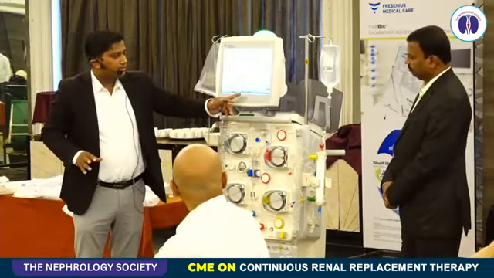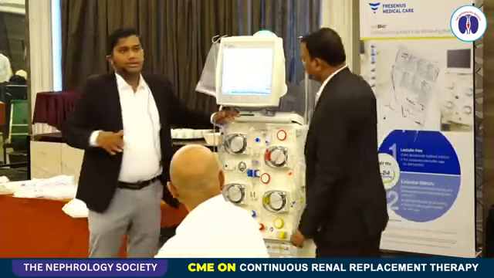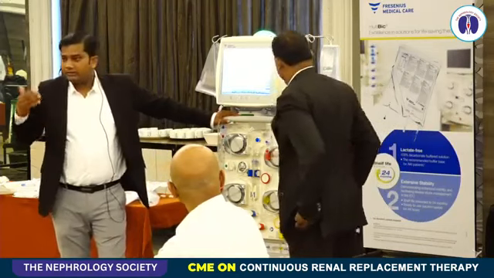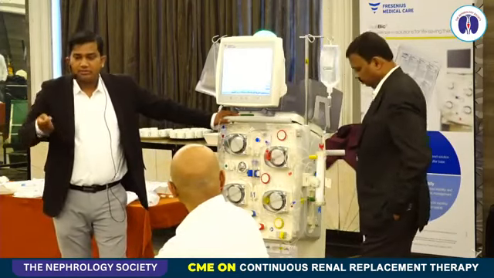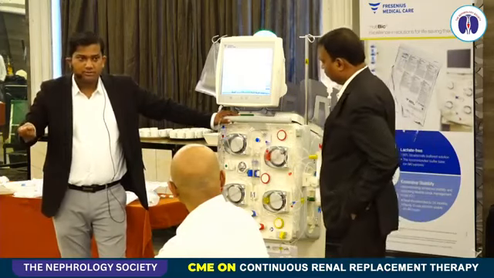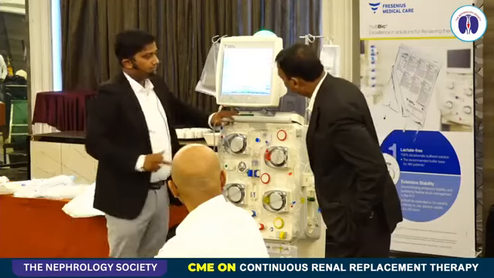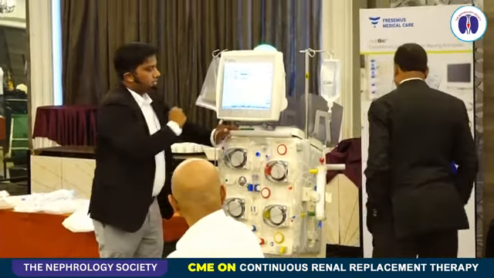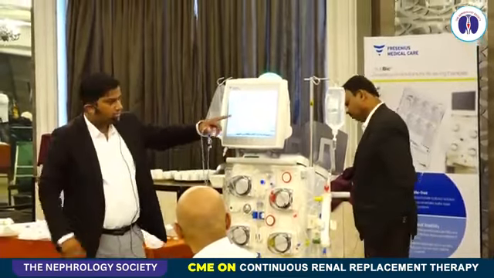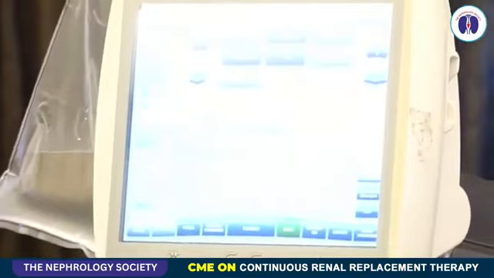Let's say you are keeping 1 liter dialysate or 1 liter substitute, every 5 hours the bag needs to be changed. But if you keep a 10-liter bag on one scale, for the next 10 hours you don't require to change it. It is communicating the scale test, so that is the reason the bag change is not coming.